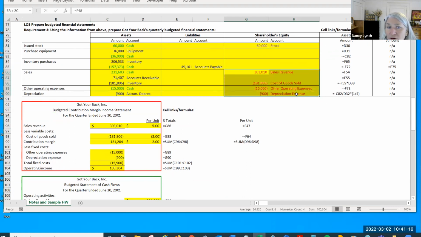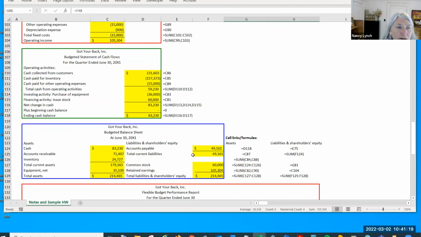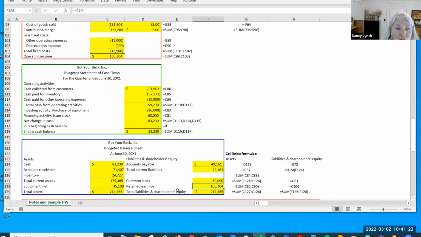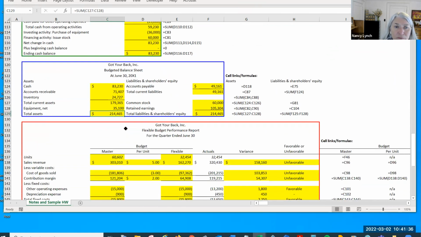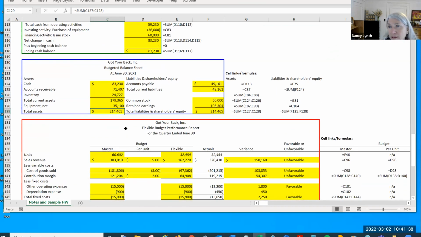In this example, there was nothing mentioned about dividends, so it appears that we're retaining all our earnings. Make sure your balance sheet balances. If you're off, first take the difference and look for that amount. If you can't find it, take the difference and divide by 2, because maybe you added something when you should have subtracted.